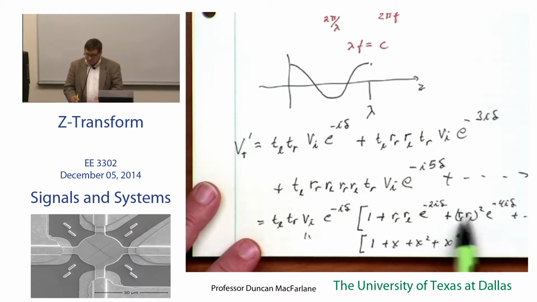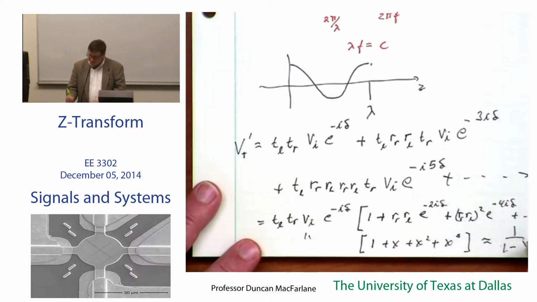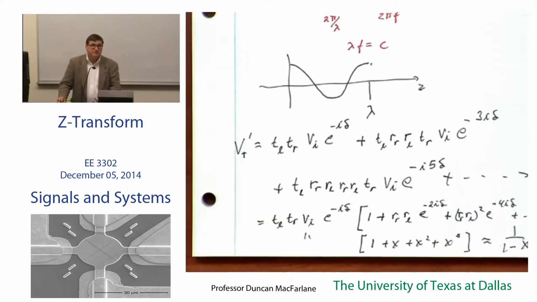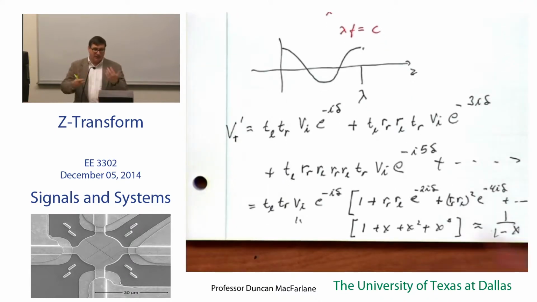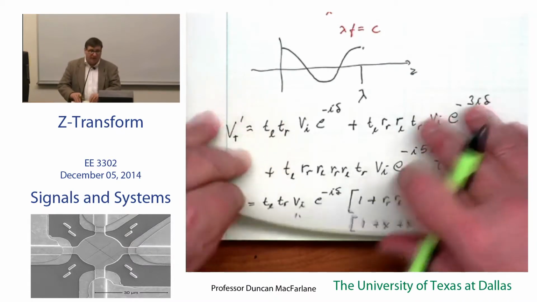These r's here are less than 1 because they're just reflections off the block of glass. And so this goes to 1 over 1 minus x. That's my summation formula that keeps popping up inconveniently throughout the entire course. Okay?